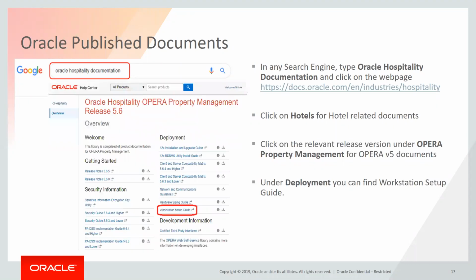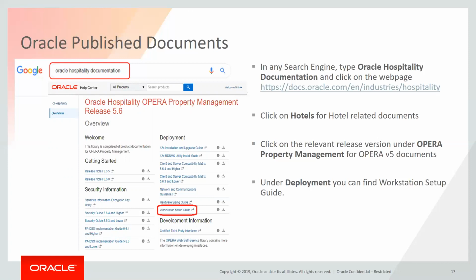Now, we have all this documentation published on Oracle docs, docs.oracle.com, which provides useful information about Oracle products and services with guides, APIs, contents for use cases, and targeted solutions. The Oracle Hospitality page provides documentation specifically related to hotels and casinos.